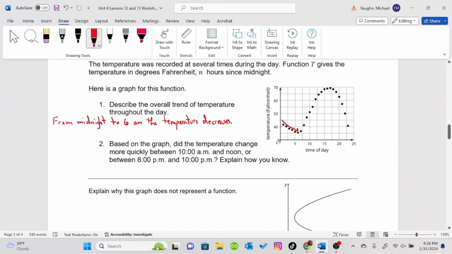Then we can see that from 6 a.m. until about 5 p.m., the temperature increases.